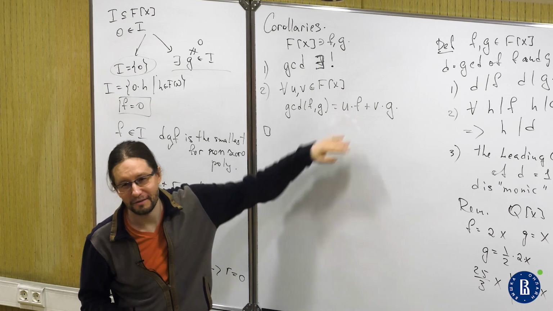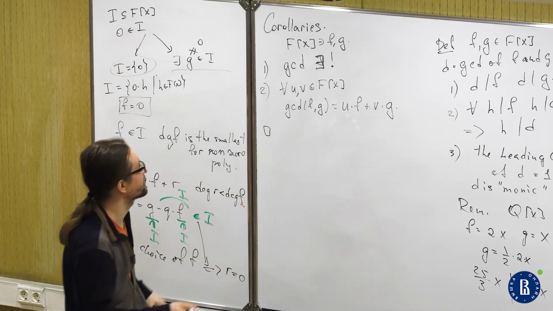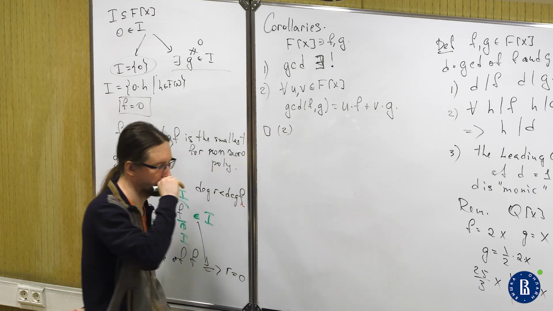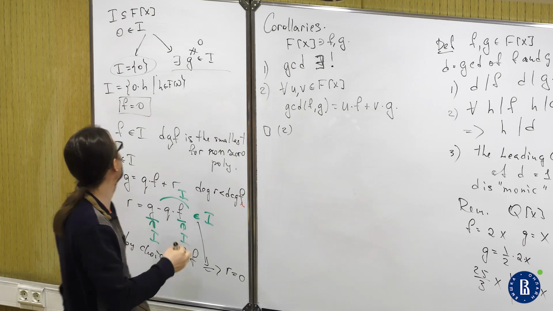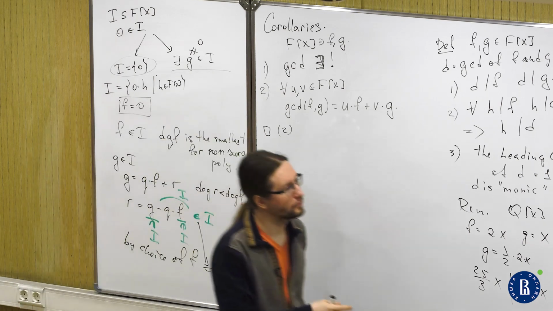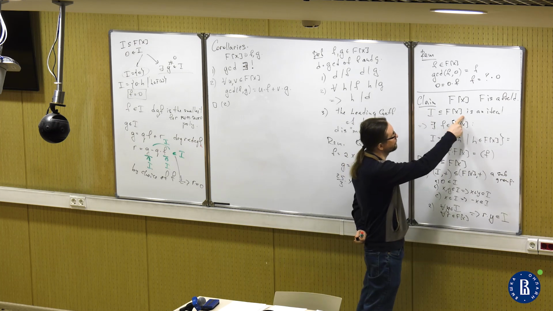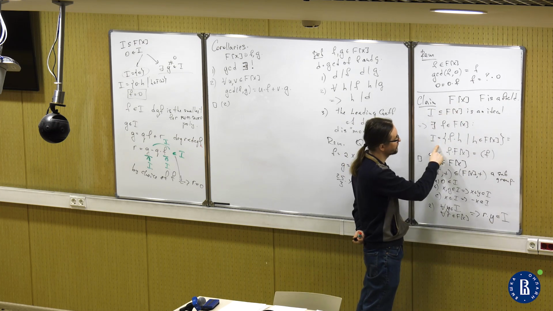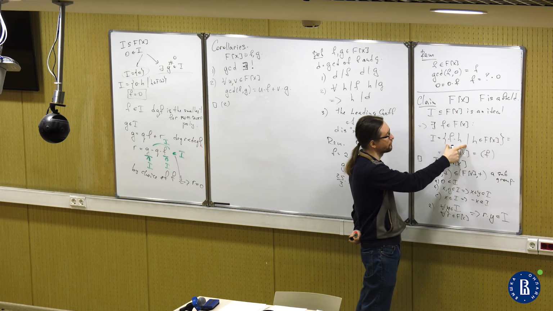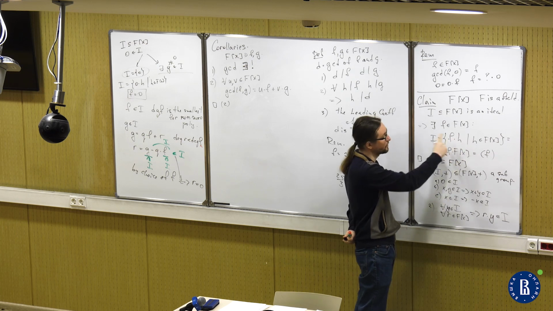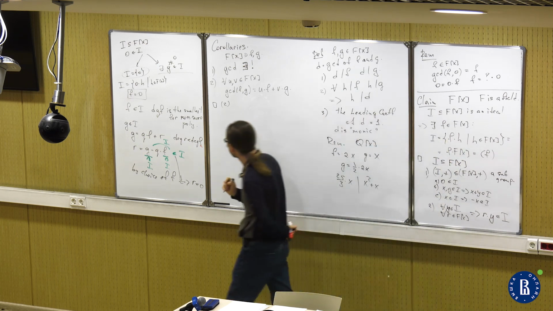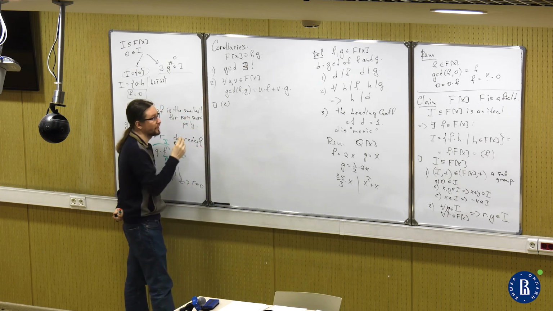Okay, so let me show you the argument. Let me start with the second one. I believe it's easier. You see, we have proven that every ideal in the ring of polynomials consists of the polynomials of this form, divisible by some fixed polynomial f. So let's use this fact.